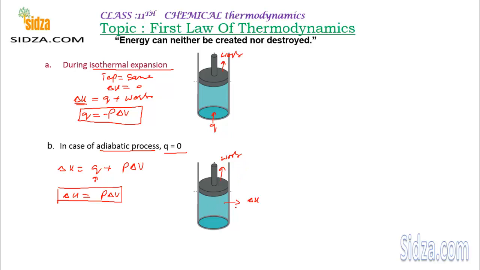And if work is done on the system, that will increase the internal energy of the system, because Q here is 0. This is an adiabatic process: there is no exchange of heat between the system and the surroundings through the walls.